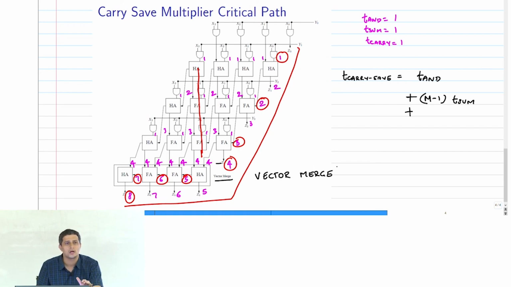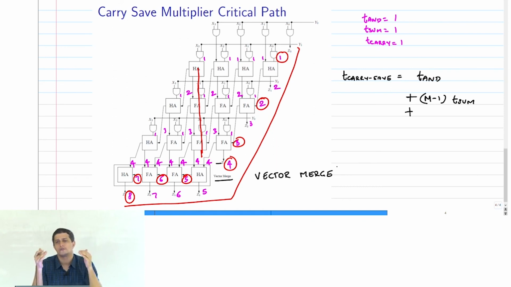Okay, now observe what happens there. The inputs to this final adder stage, all of them arrive at the same time. You see, all the arrival times are 4, 4, 4, 4, 4. So it's like basically a ripple adder where all the inputs are arriving at the same time.